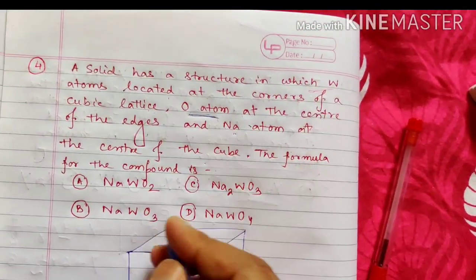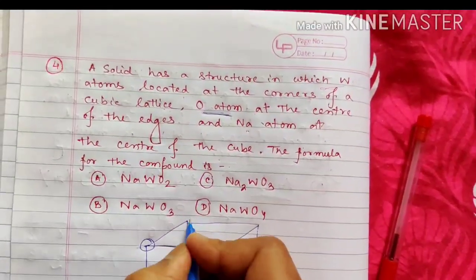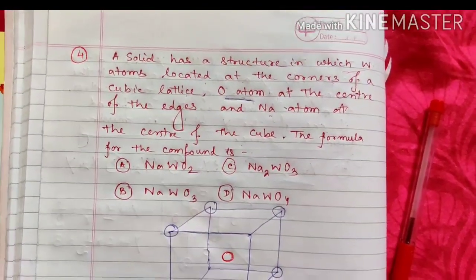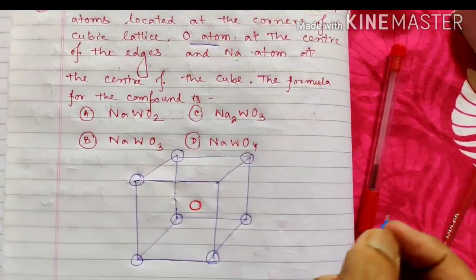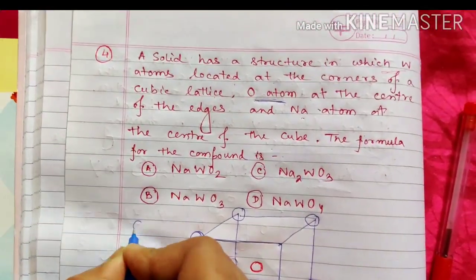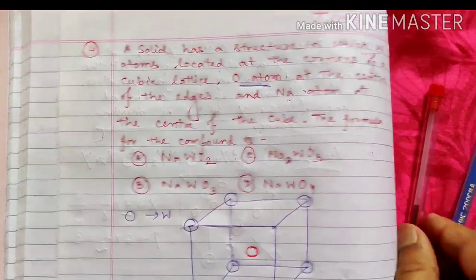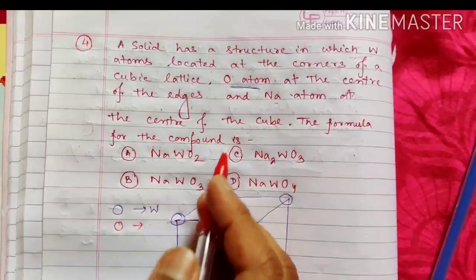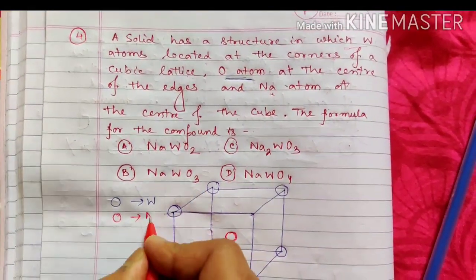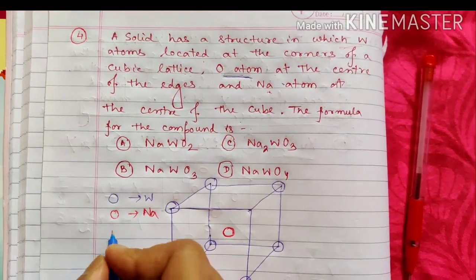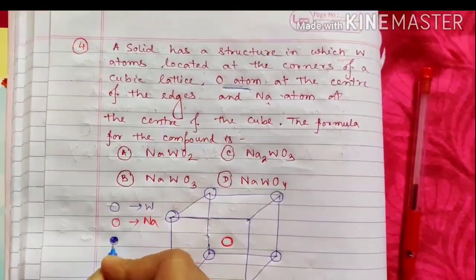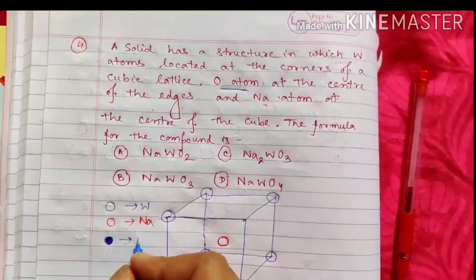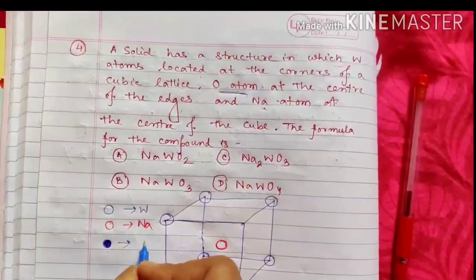So W is located at the corners. So this one is W. The red one is sodium atom, and this one, which is filled inside, is, suppose, the oxygen.